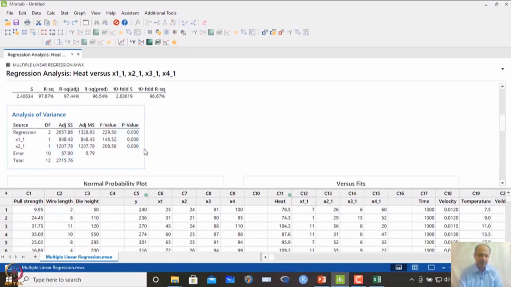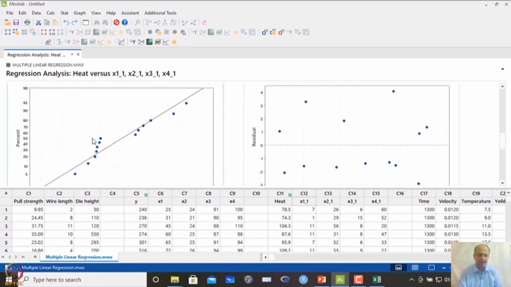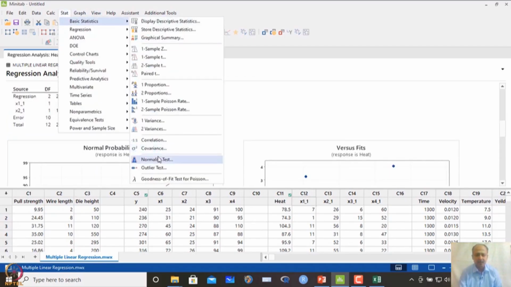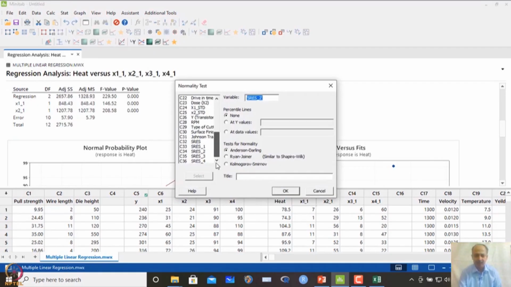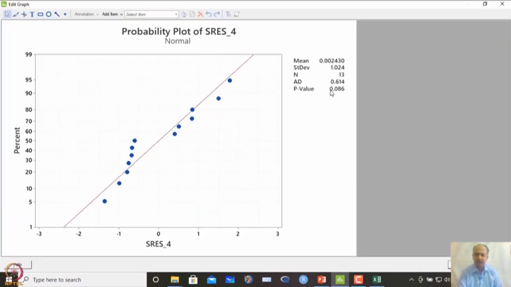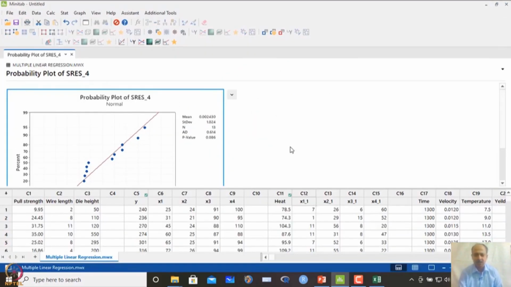ANOVA analysis also shows they are significant, and we can see the residual normal probability plot, and we can verify whether the final residual is following normal or not. What we observe is that this assumption is also validated. So, p is more than 0.05, so there is no problem in the errors or residuals.